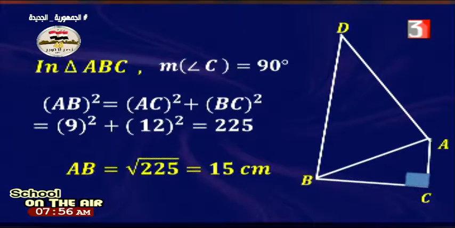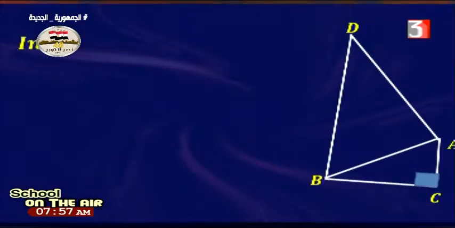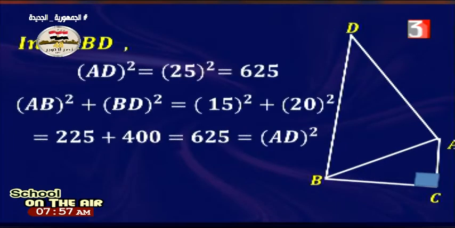You are going to take the other triangle, which is triangle ABD. What is the longest side? Yes, of course, AD is the longest. So AD to the power of 2 equals 25 to the power of 2 equals 625.